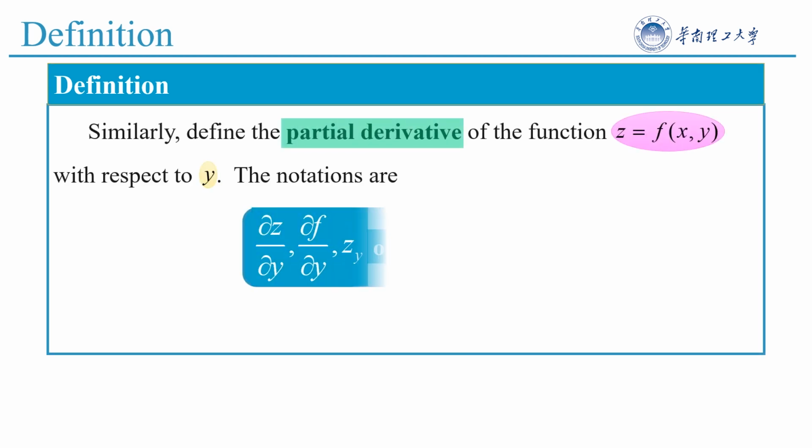Similarly, we can define the partial derivative of the function with respect to y and denote it by the following notations. Obviously, the partial derivative of f with respect to y is also a function of x and y.